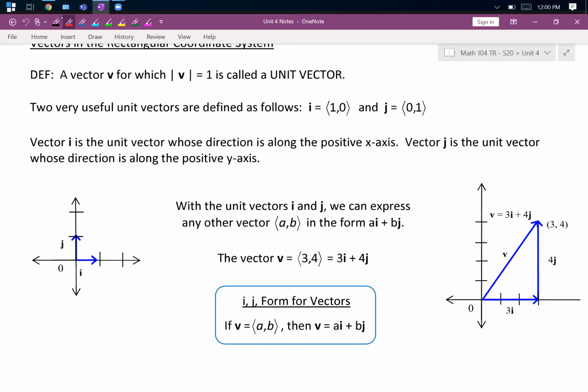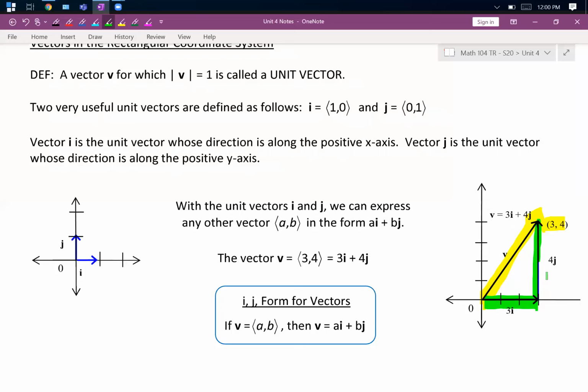Vector <3, 4> should be ending at the point (3, 4). So here's our vector v, and it's ending at the point (3, 4). But if we make a triangle out of that, we see we're 3 across the bottom and then 4 up the side. And i is defined to be the unit vector of length just 1 going across the x-axis.